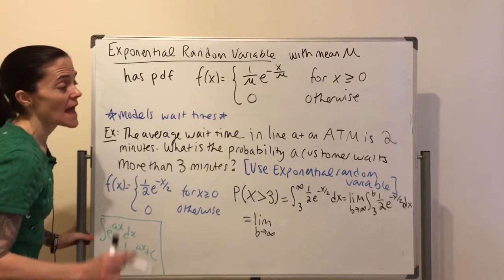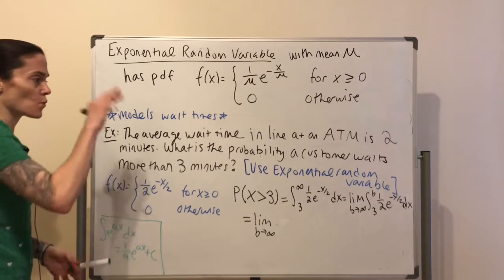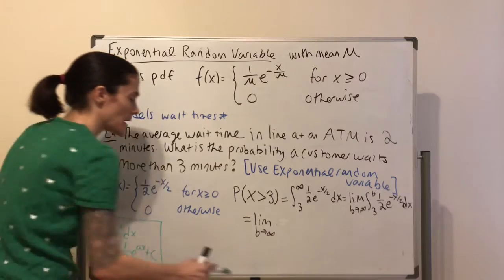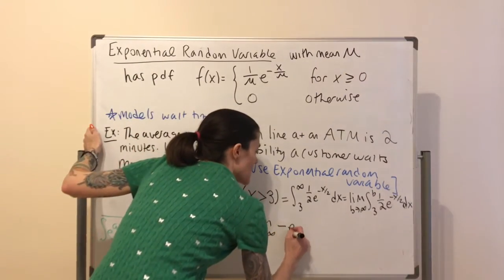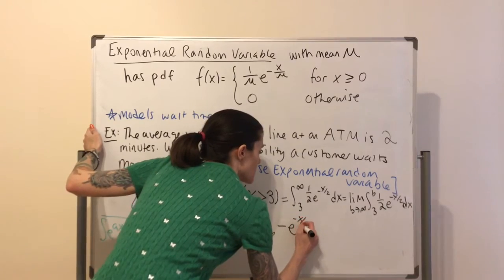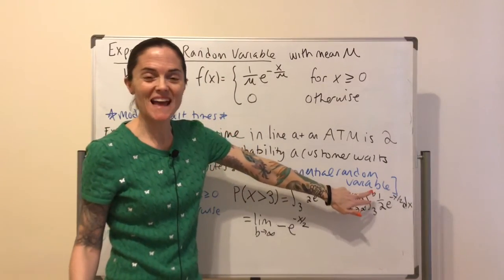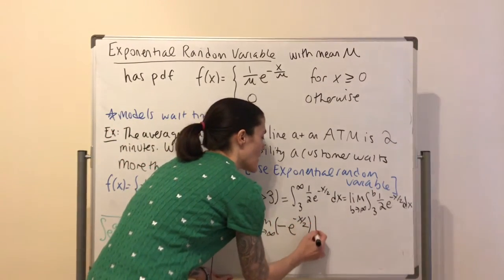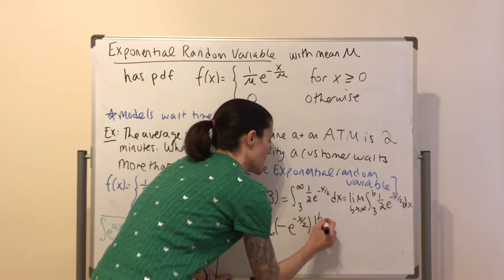We have a here is negative 1/2. So when we take 1 over negative 1/2, it's the same thing as multiplying by minus 2. So here, we're going to have a negative e like this, because the minus 2 times 1/2 becomes just negative 1, and then evaluated between 3 and b.